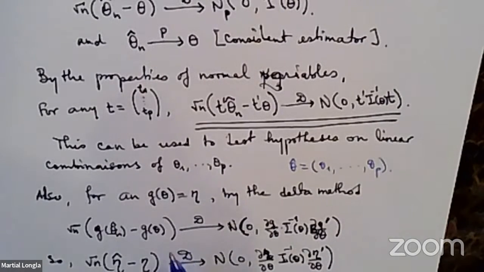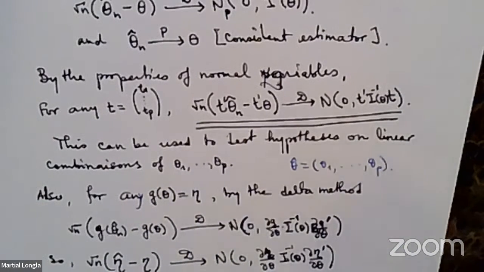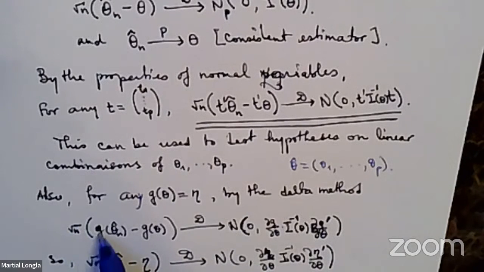All right, then from there, in general, we can take any g, which is a function of theta, and now we want to see the distribution of g of theta hat. If you use the delta method, because you have the MLE, square root of n times g of theta hat minus g of theta, what would be the distribution of this?